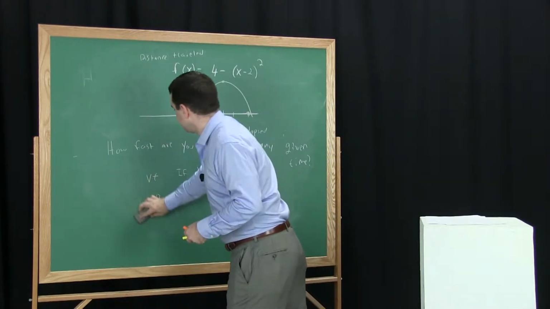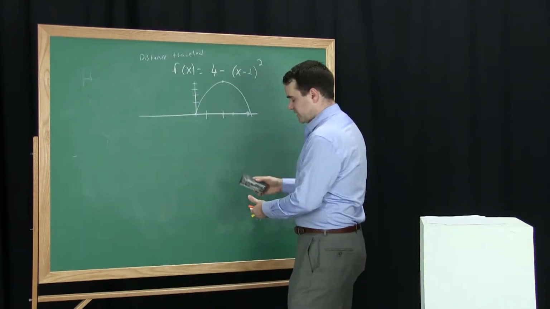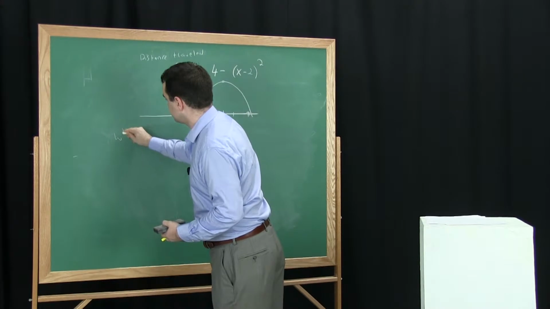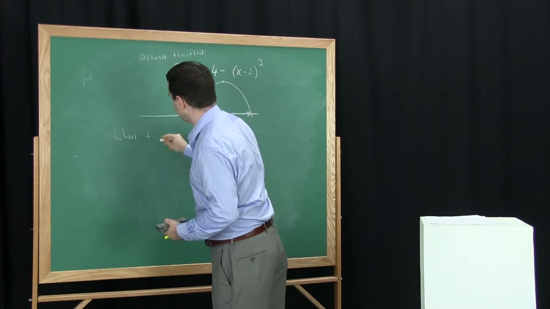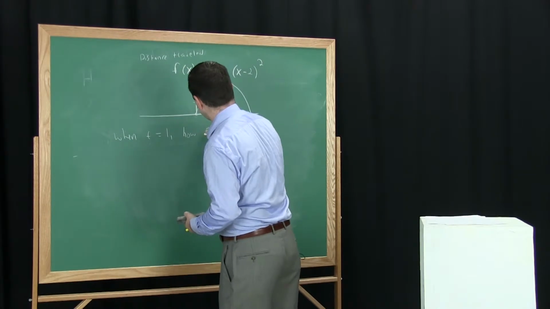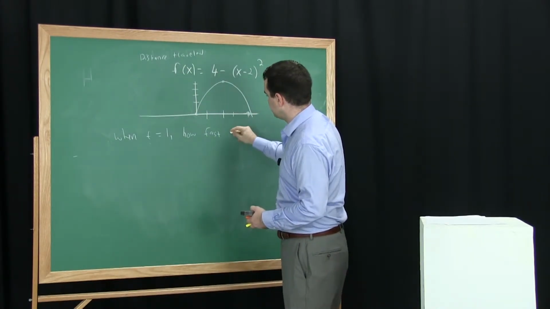Let's say, how fast am I going when t equals 1? So how fast am I going, or what's my velocity?